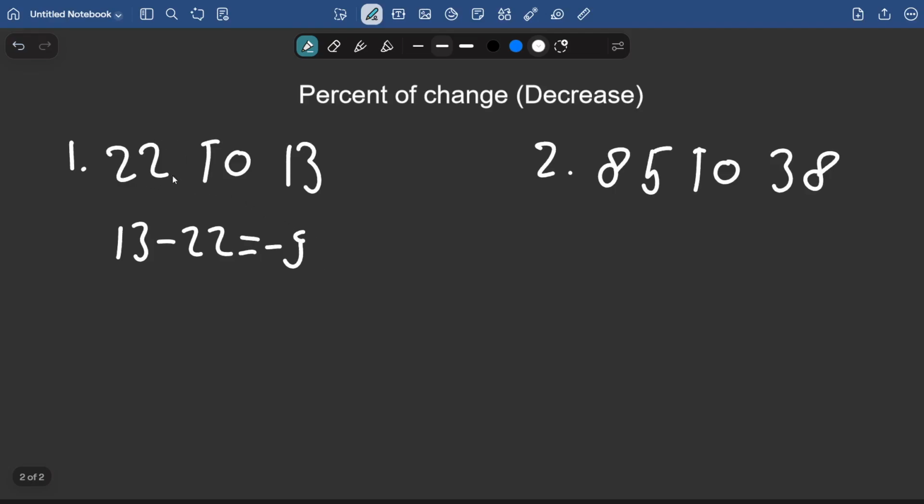Next, divide by the old number. We take the minus 9 divided by the old number, which is 22, and we get minus 0.409.